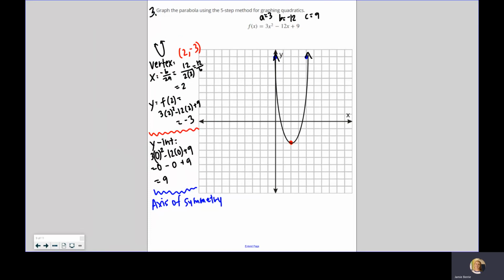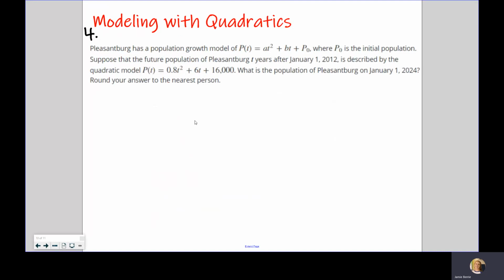All right, let's look at an example on what we call modeling with quadratics. All right, so we have this question here. You may want to pause the video, take a second, and write this down.